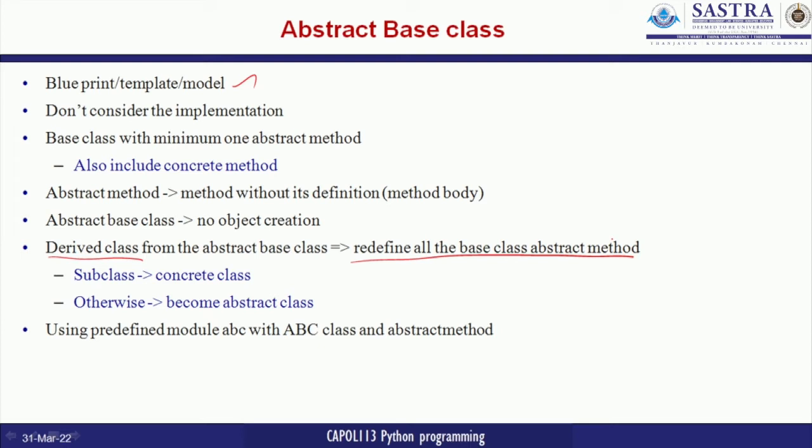Suppose I redefine only a few abstract methods and don't redefine all the base class abstract methods, then that derived class will also become an abstract class. So within a subclass we have to redefine all the base class abstract methods. Then we can say the subclass is a concrete class.